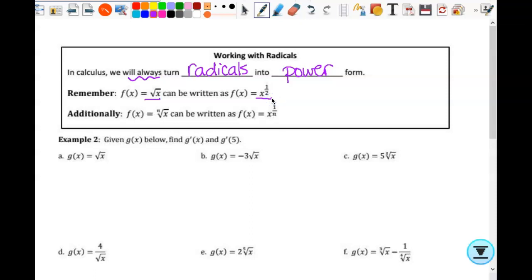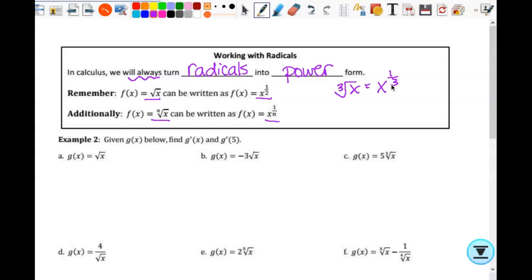So in general, the nth root of x can always be written as x to the 1/n power. If I have the third root of x, that's the same as x to the 1/3 power, right? Fifth root is x to the 1/5, and so forth and so on. Okay, remember that?